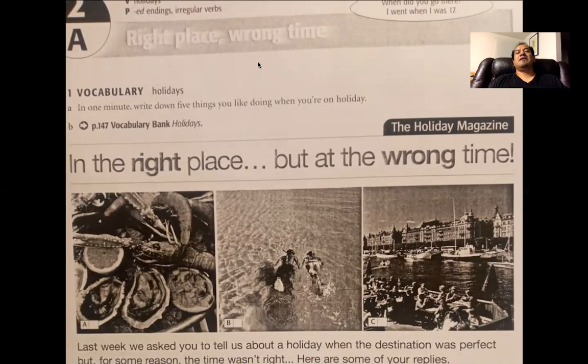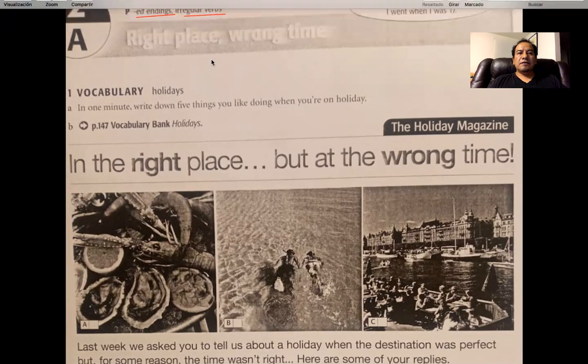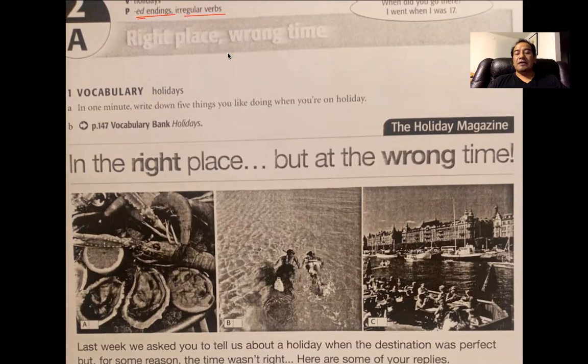You can put it on the screen and then say, okay, so we're going to practice past tense with some irregular verbs and regular verbs, which end in ed for past. Okay, so I'm talking very fast, very normal, because that's for you.